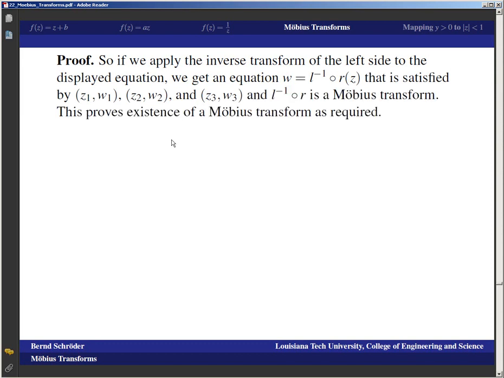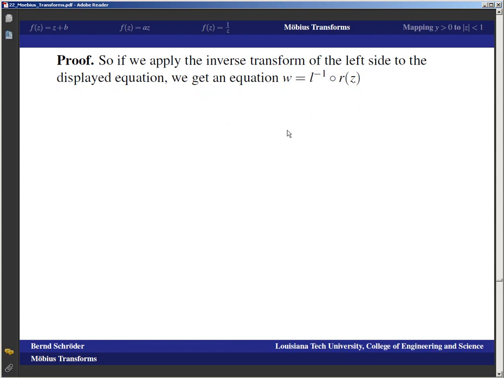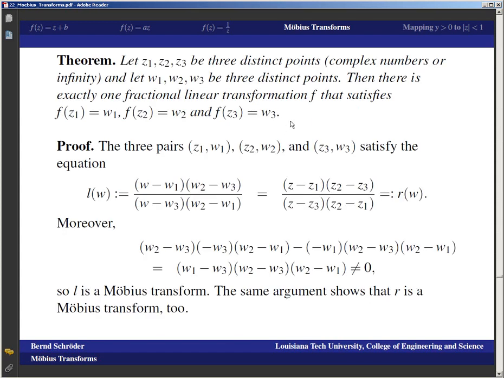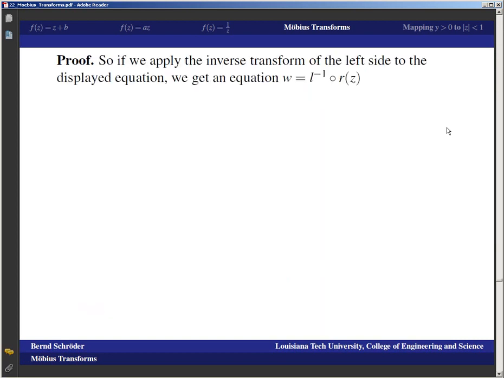And so that means there is a Moebius transform as required, and that is the other thing that the theorem says, right? It says there is exactly one. I emphasized the exactly, but the equally important part in this theorem is that there is one to begin with. So it's determined by 3 points, but also any 3 points will give you a Moebius transform.